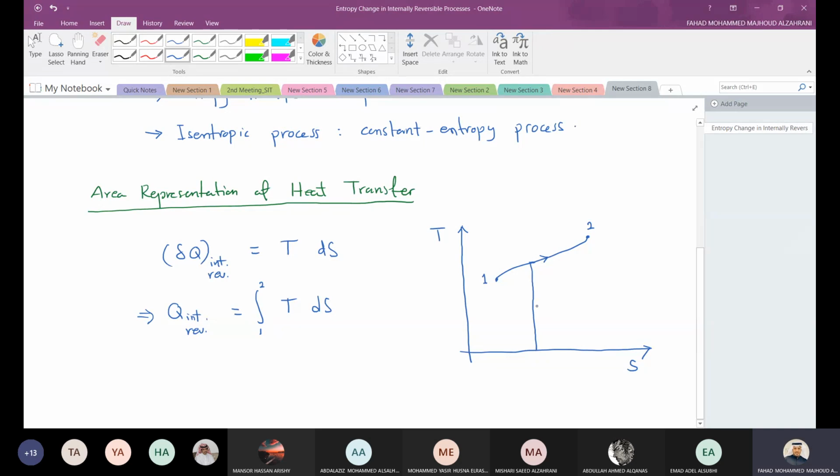So this is ds here, and this is T, and this is basically the dq for internally reversible.